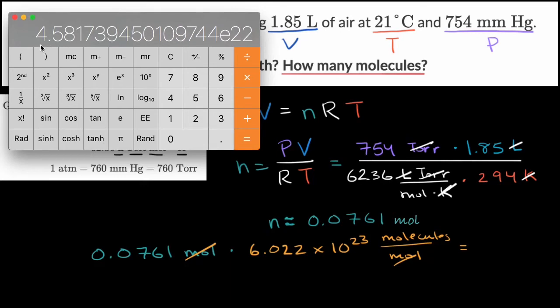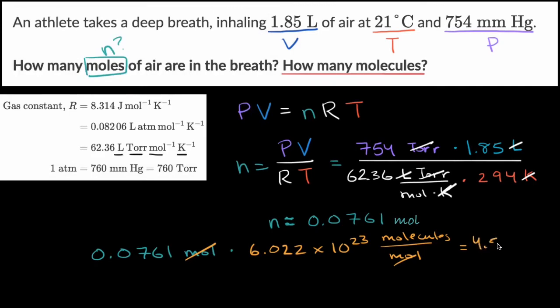And if I round to 3 significant figures, because that was my limiting significant figures in the whole calculation, I have 4.58 times 10 to the 22nd. So this is 4.58 times 10 to the 22nd molecules. Squeeze that in there. And we're done.